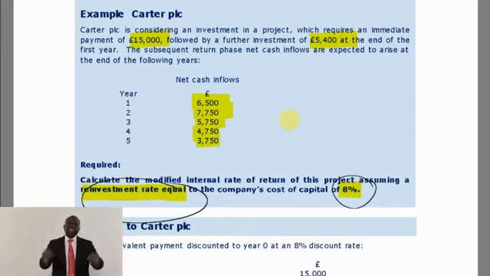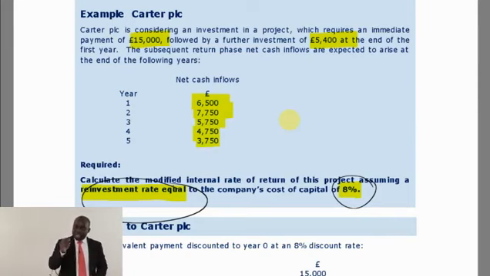We are calculating the internal rate of return on the assumption that the cash flows are supposed to be reinvested at the cost of capital. So first, all the cash flows from the investing phase, you have to find the present value of the cash flows from the investing phase.